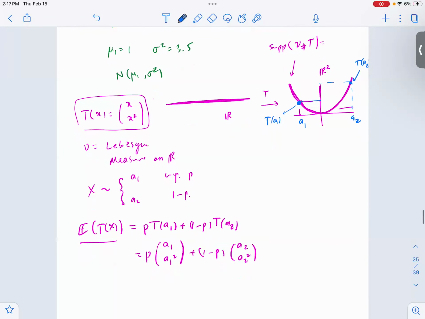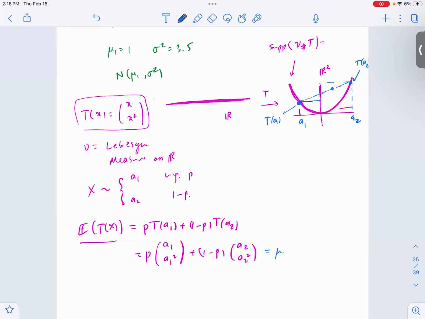What is this? This is the mean of that distribution. So where does this mean land? This is a convex combination. So it would be somewhere in the line segment. And as I vary P, this is going to vary in this region.